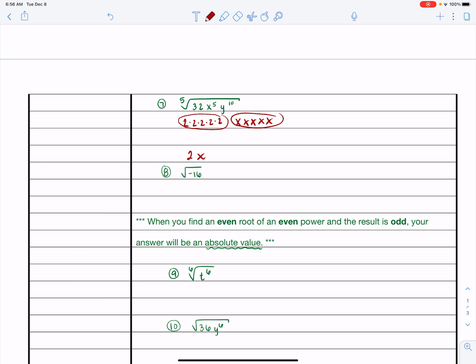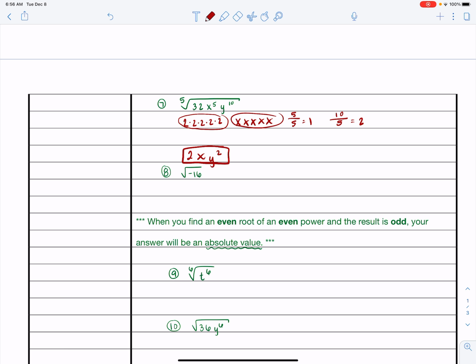I could do the same thing with y, or I can just divide. If I took my exponent 5 and divided by the 5th root, I get an exponent of 1 on x, so I just have x. But if I take the y, exponent of 10 divided by 5, my new exponent is 2. So I have 2xy squared.